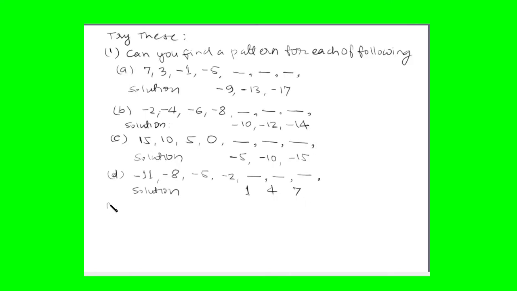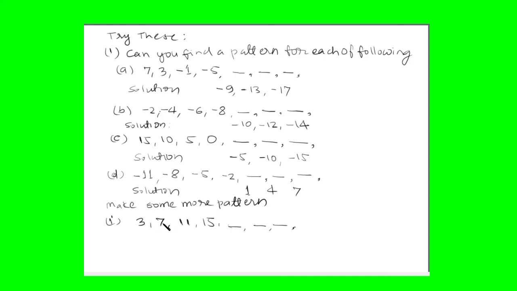Now we have been asked to make some more patterns, so we are making a few patterns. Our first pattern is 3, 7, 11, 15, and we have to fill the blanks with three more numbers. If we add 4 to 3, we get 7.